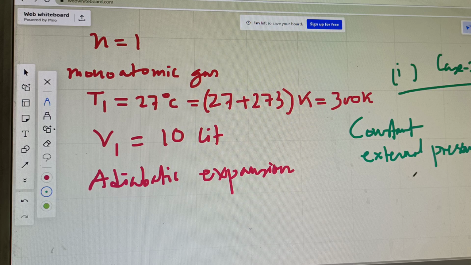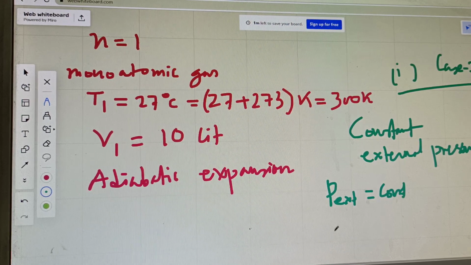So we know that when the external pressure is constant, the process is an irreversible process.